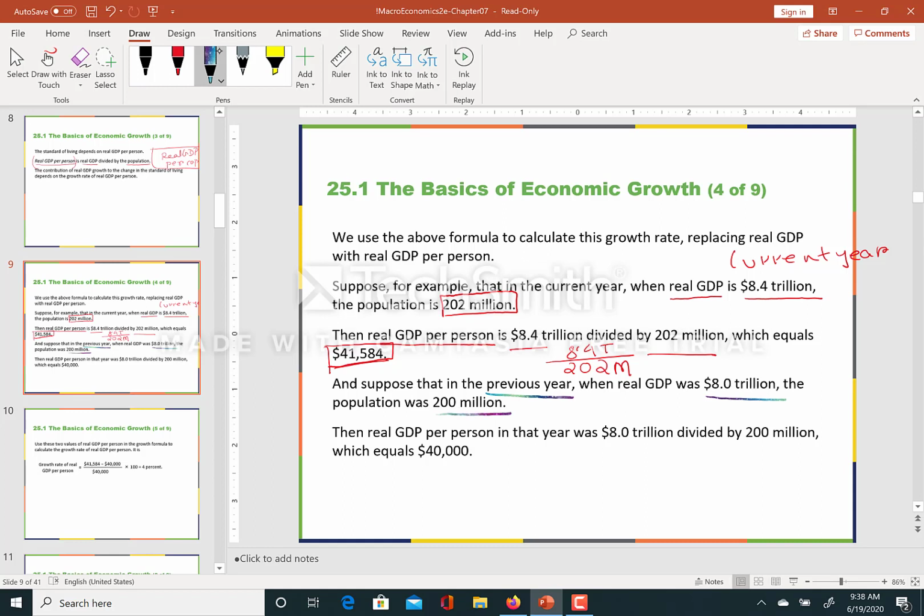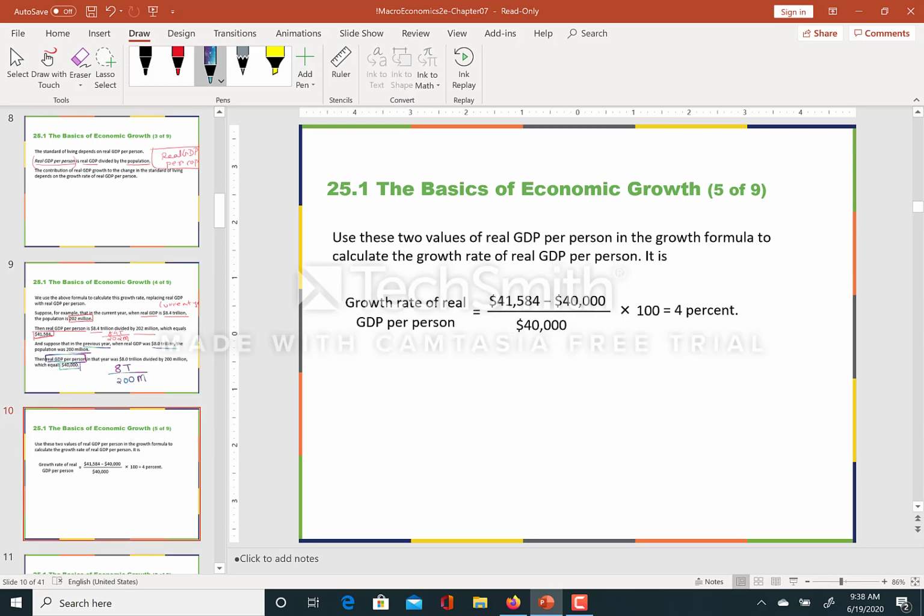So to find out the real GDP per person, what we did was 8 trillion over 200 million, and we have 40,000. So what we have here is the real GDP per person for the current year and the real GDP per person for the previous year.